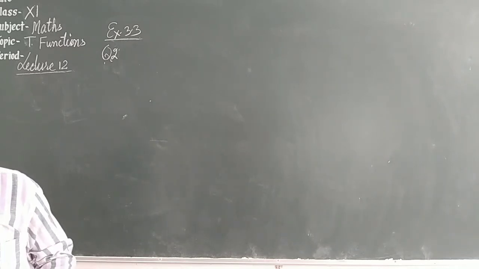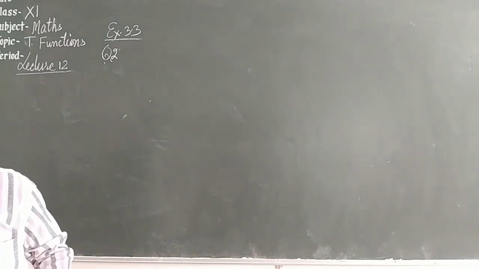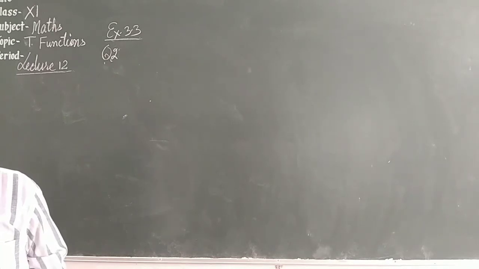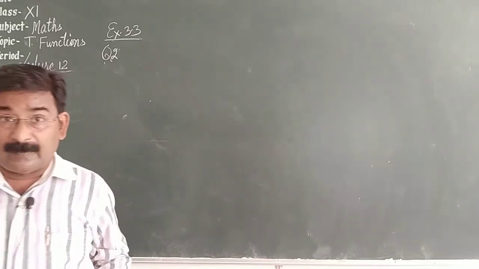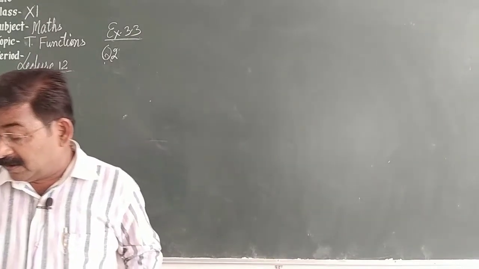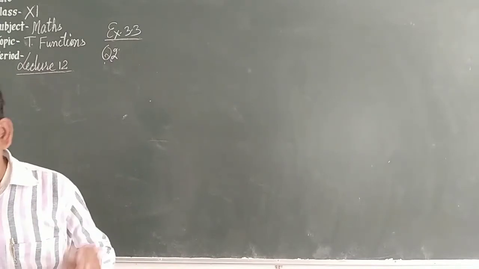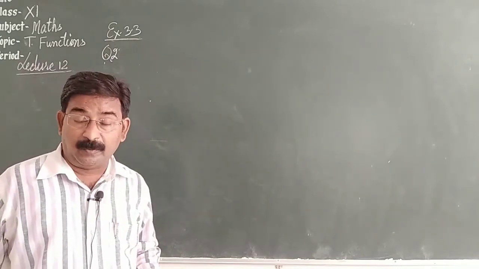Now question number 24 is, I think the previous question was given something wrong. In my book it is given wrong. Actually I remember this question has in the denominator 1 minus 6 tan square x plus tan to the power 4x. We have to bring this.